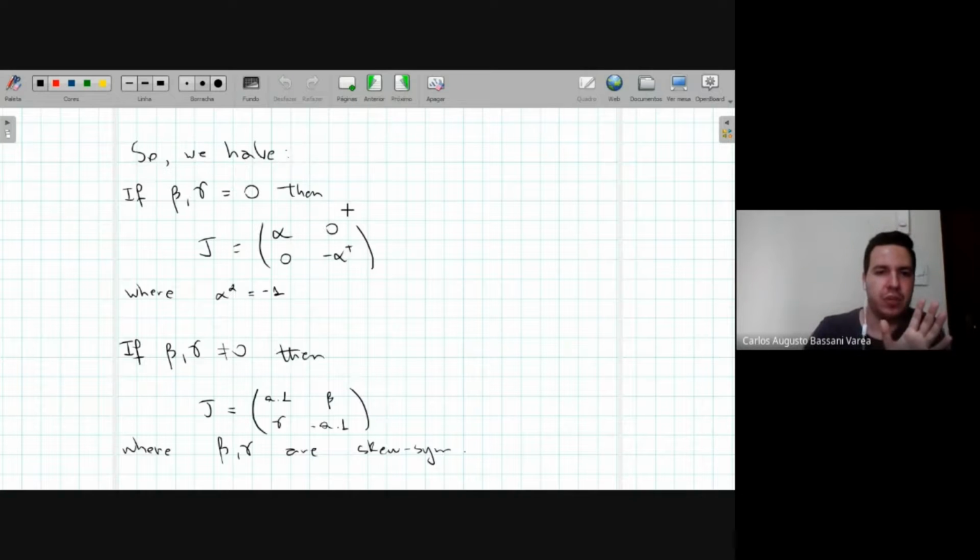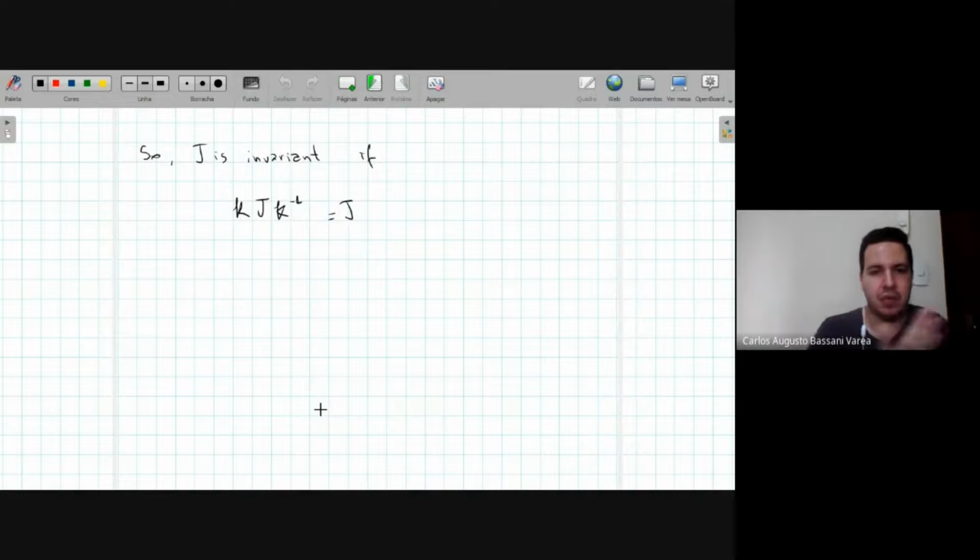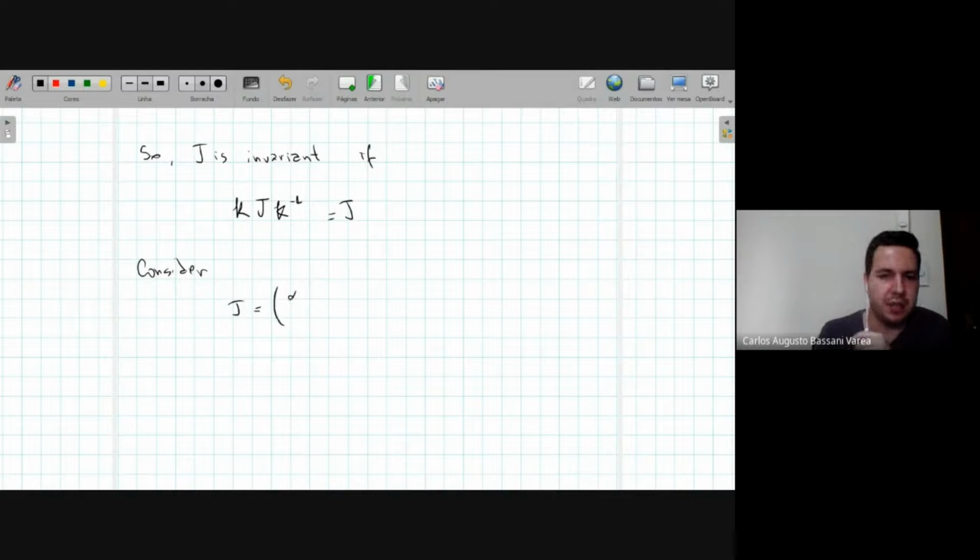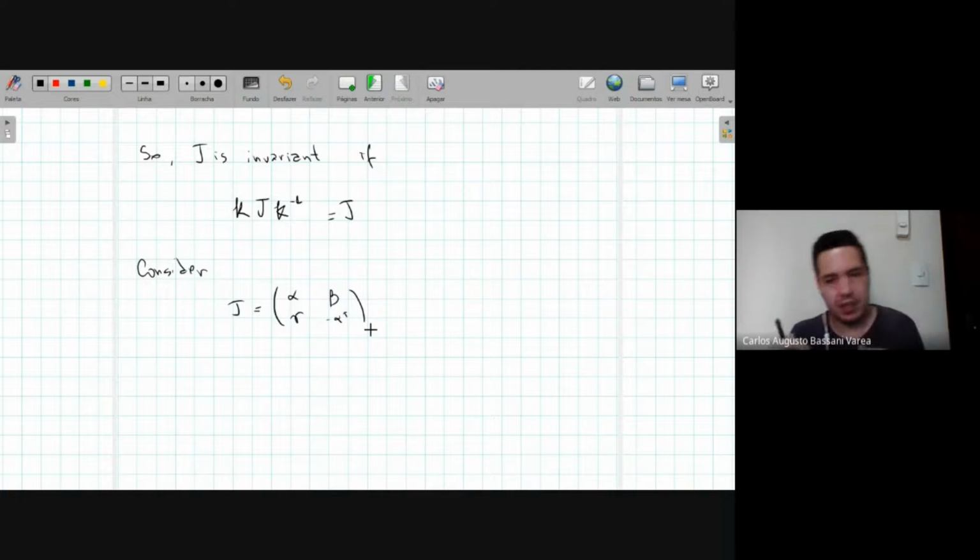Okay, we have two expressions for J. When beta and gamma are zero, we have this type, and when they are non-zero, we have this type. But for now, I will consider J as we had before, just like this, and after doing the computations, we see what happens when beta and gamma are zero and non-zero.